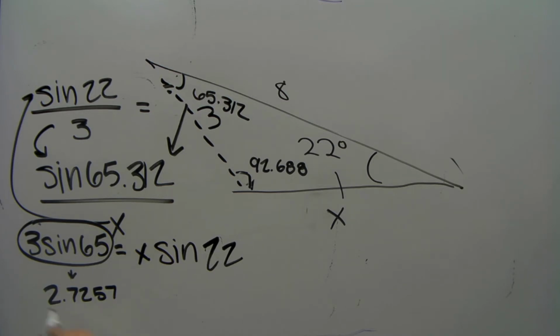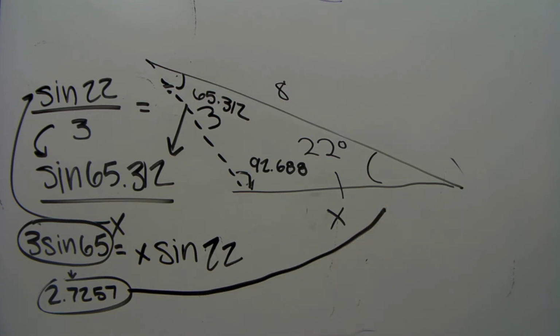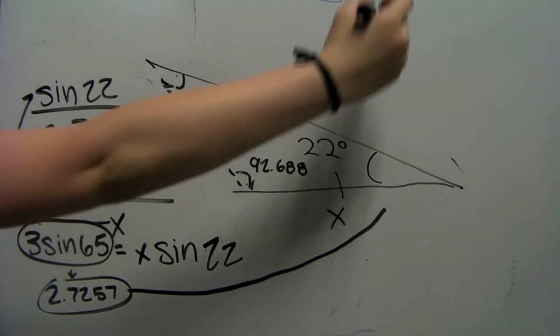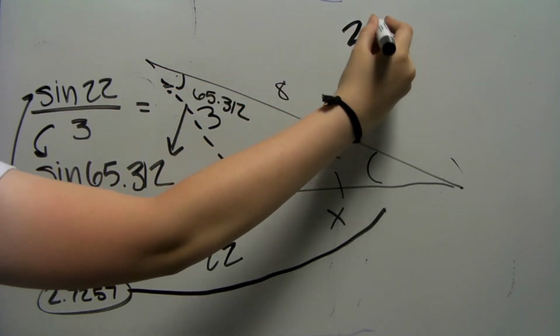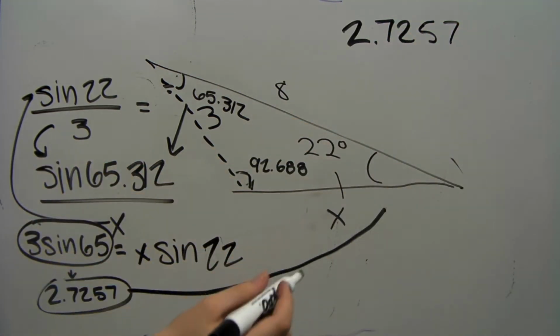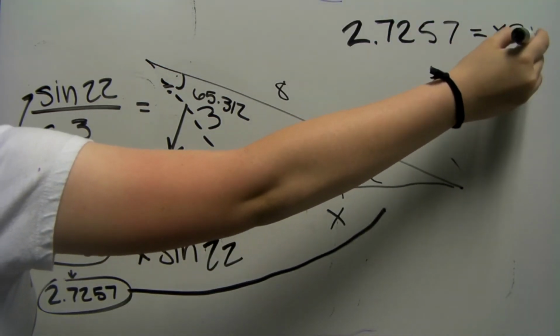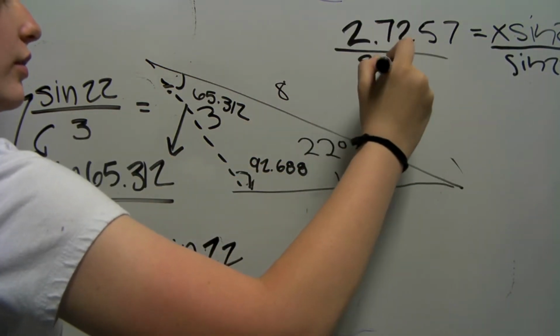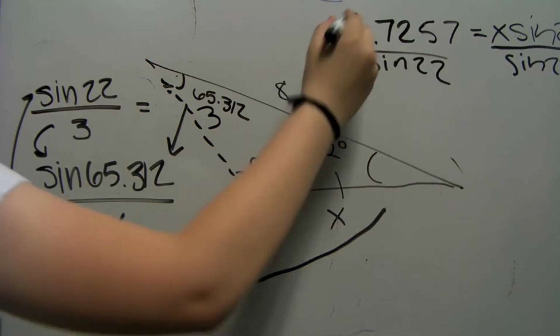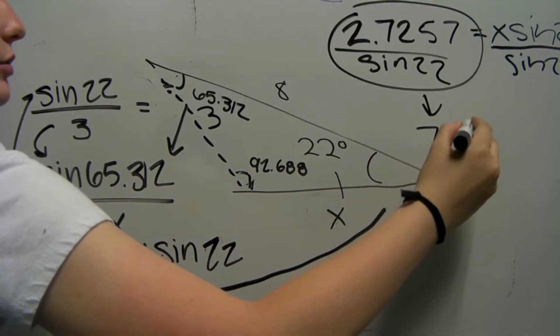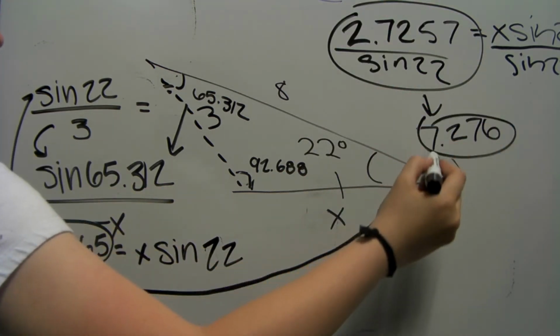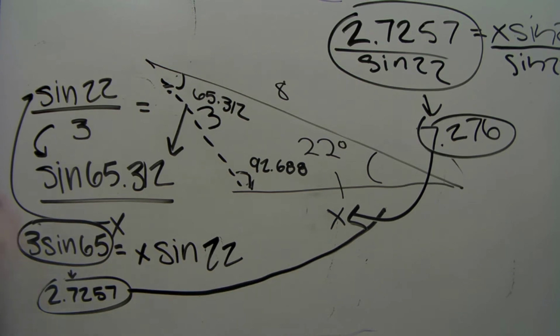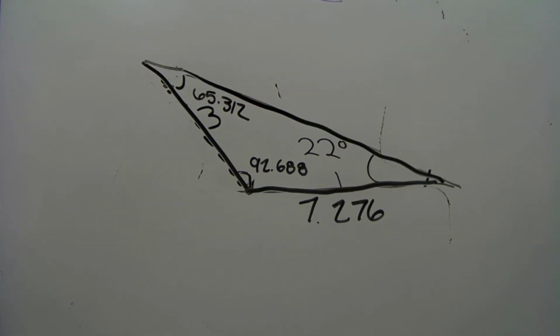So we take that and divide it by sine 22. And x equals 7.276. So we have two different triangles, and we know that the killer did both of them.